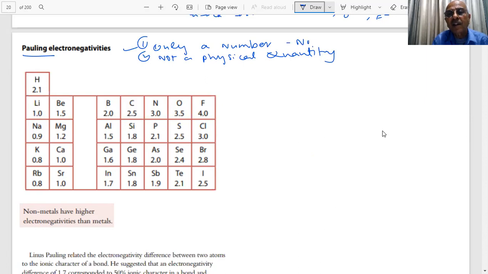Basically these are physical quantities and it is only relative or comparative. Only when a compound is formed, when a bond is formed, then we compare the relative electronegativities of the two elements. And the separation of charges could vary when the two elements change, students.